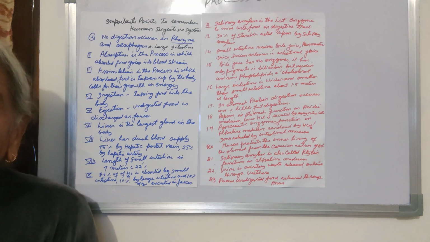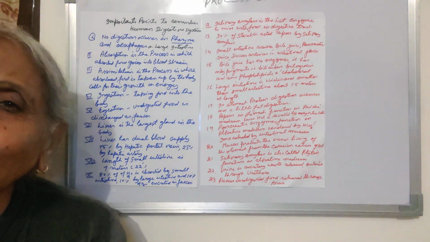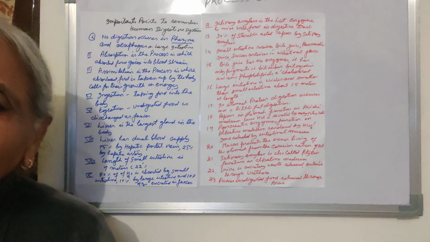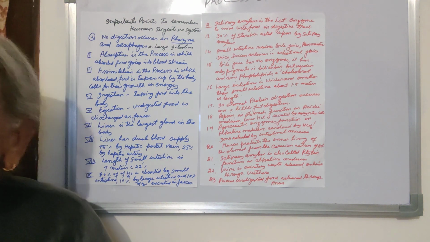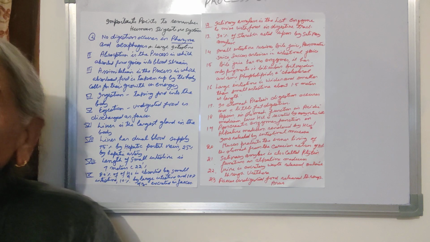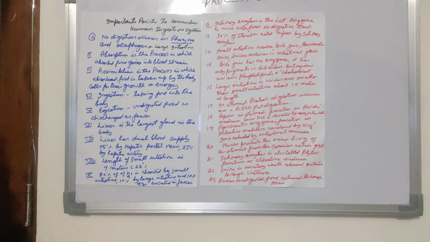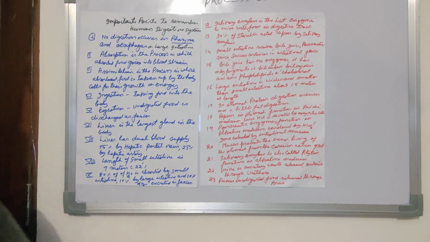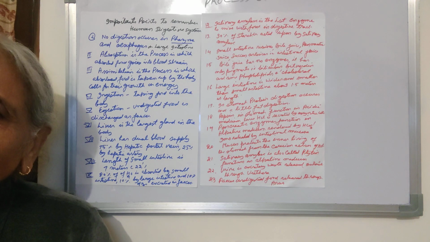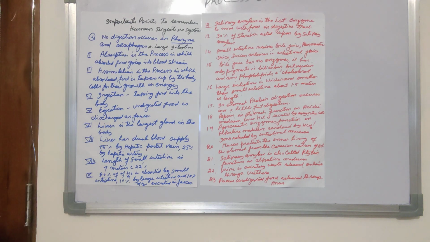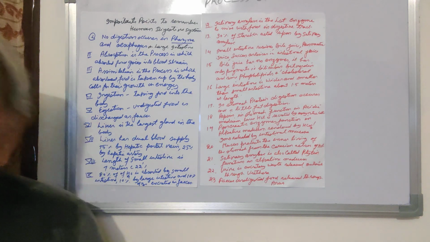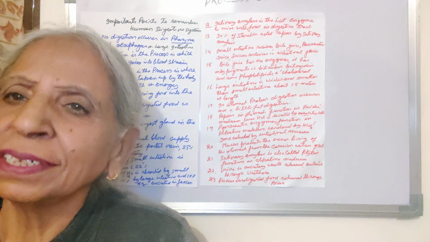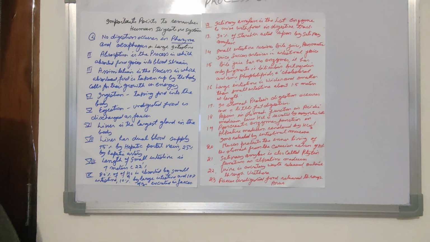Ingestion is the process of intaking food. Egestion is the process of removal of waste by the anus, removal of feces. So undigested food is removed as feces; that is called egestion.